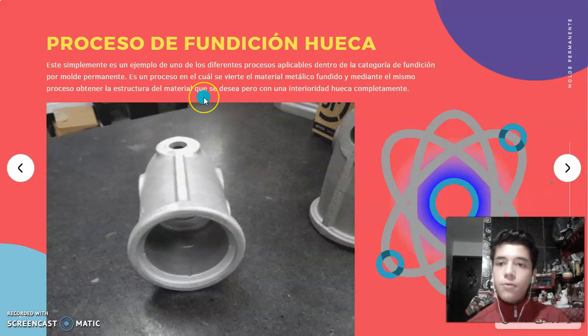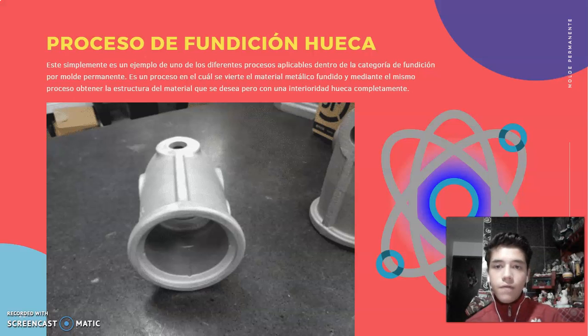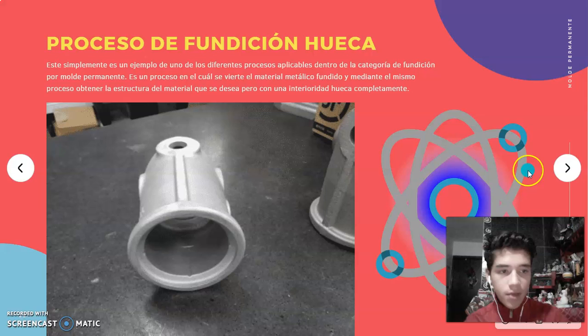Alright, so right now we have one kind of foundation process, in which you put the liquefied metal and you turn down the mold before the inside metal turns into something solid. So it all goes down and it will be reusable, but the inside will be like a hole, like the one that you see right now in the image.